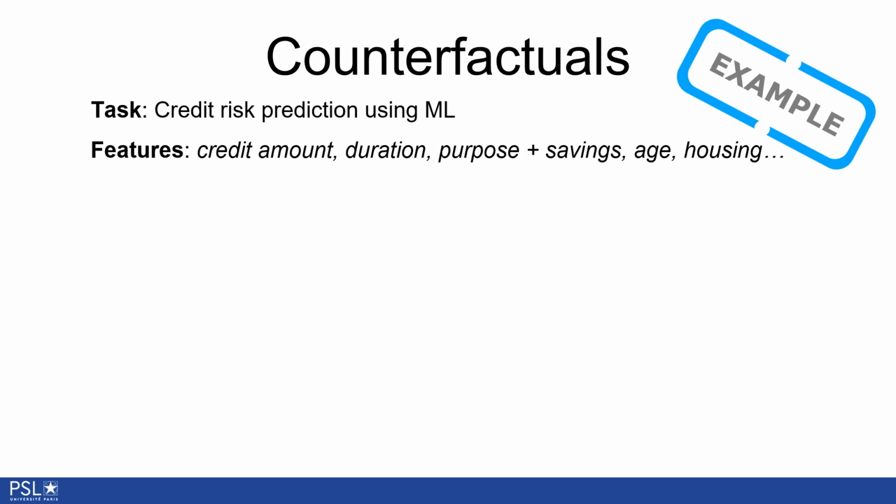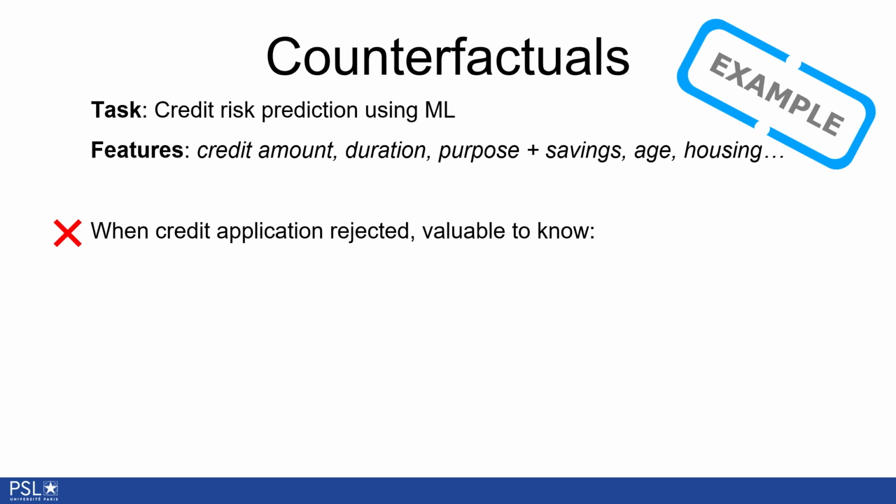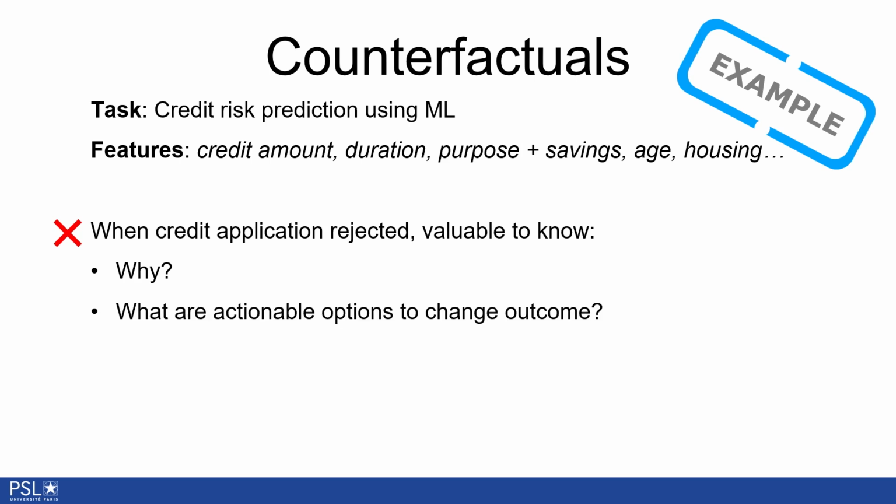So a person typically requests a credit of a given amount, duration, and purpose. Then these data are given to a machine learning model. If the model rejects the credit application, the applicant wants to know why. And more specifically, what are the actionable options for them to change the outcome? What can they change in their application to increase the chance of getting the credit?